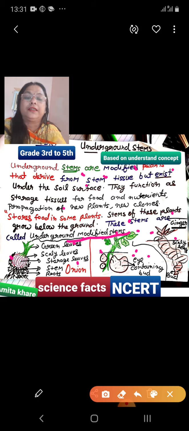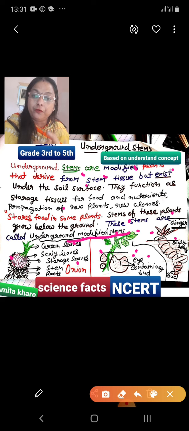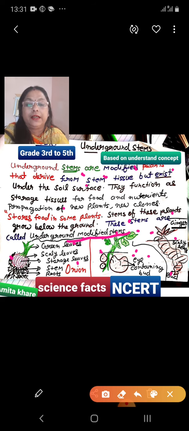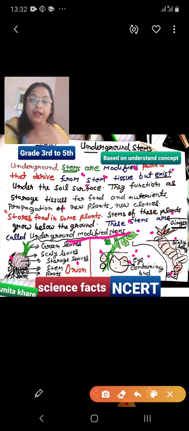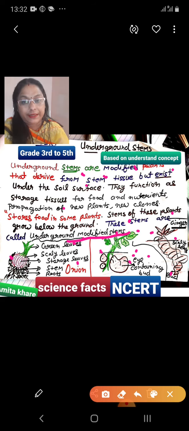They function as storage tissue for food and nutrients, and for propagation of new plants and new clones. Some plants store food, and the stem of this type of plant grows below the ground, and these stems are called underground modified stems.